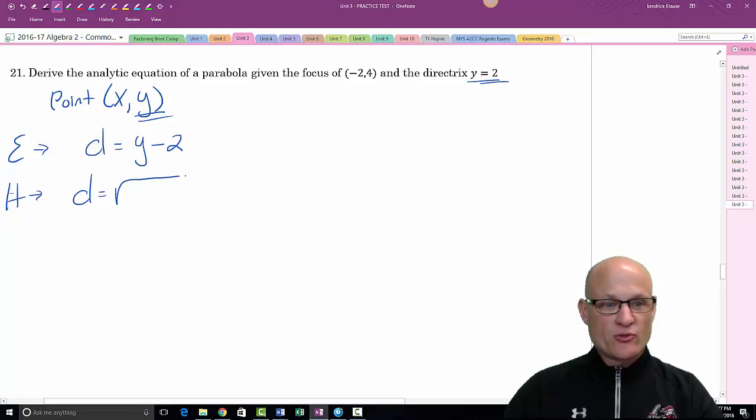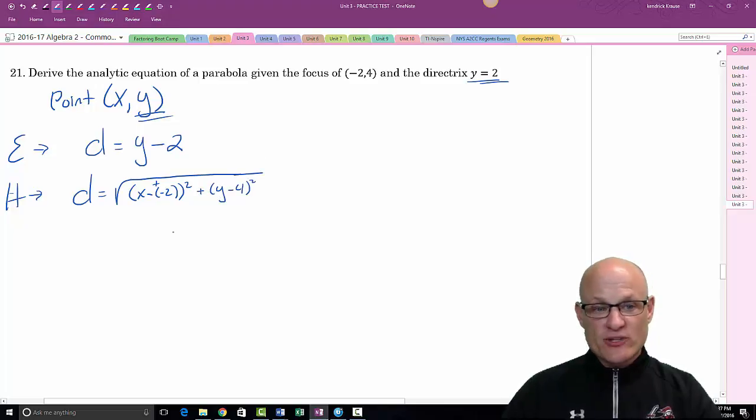D equals the square root of x. Now be careful here. We got negatives. Anytime there's negatives, you got to be careful. It's minus negative 2 squared. That'll end up being a plus. Plus y minus 4 squared. Just be careful of those negatives.